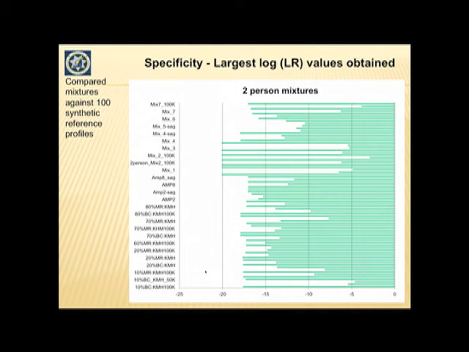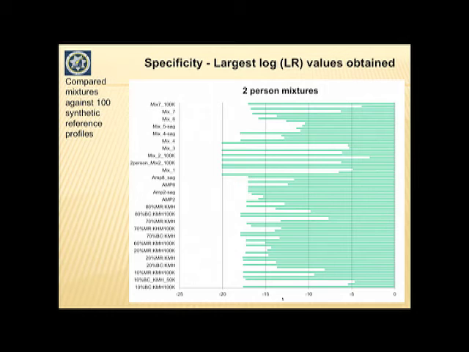So what I did is I utilized the derived contributors from the TrueAllele analyses, only the ideal were used for this, for the 2, 3, and 4-person mixture samples. And I compared those derived contributors against 100 synthetic reference profiles. And what I have plotted here is the largest log likelihood ratio generated from those comparisons. And so that means if it's a negative, it's the least negative value.